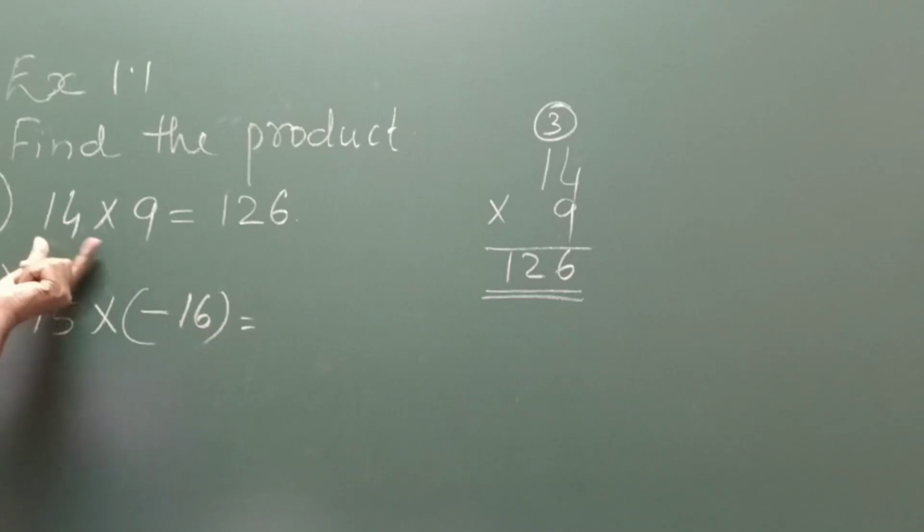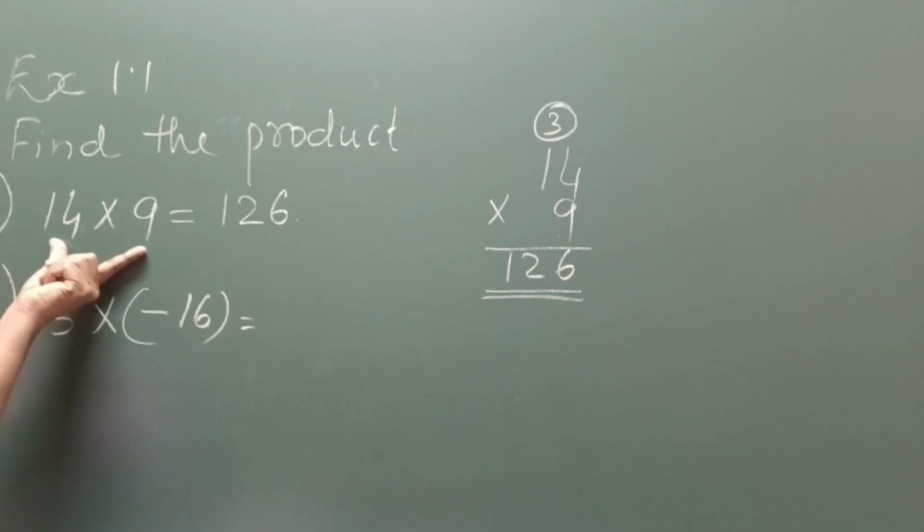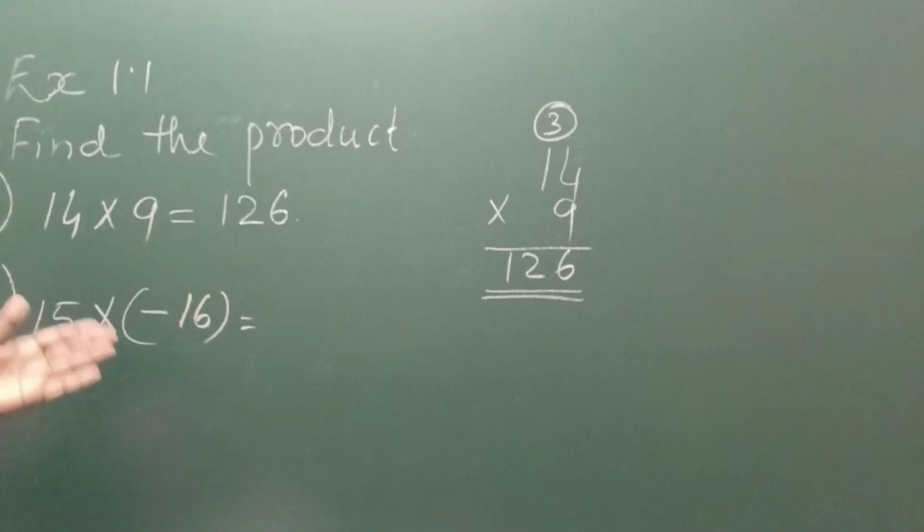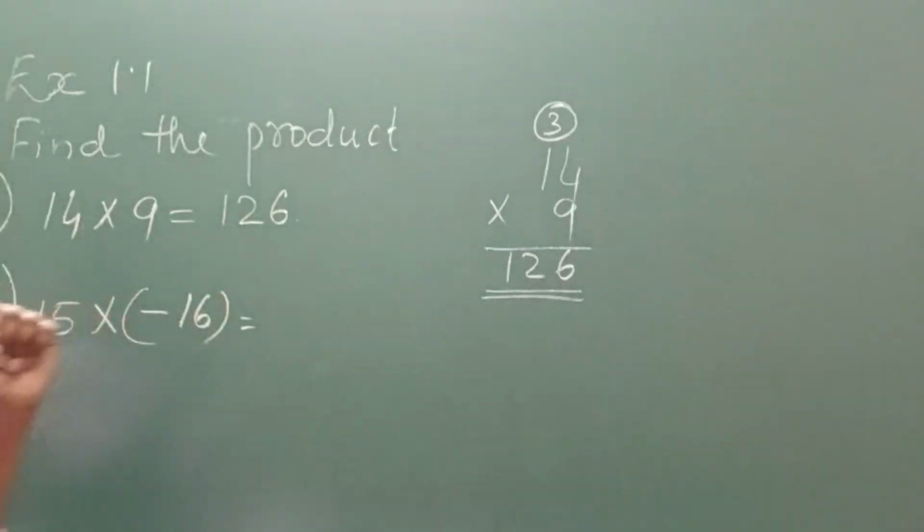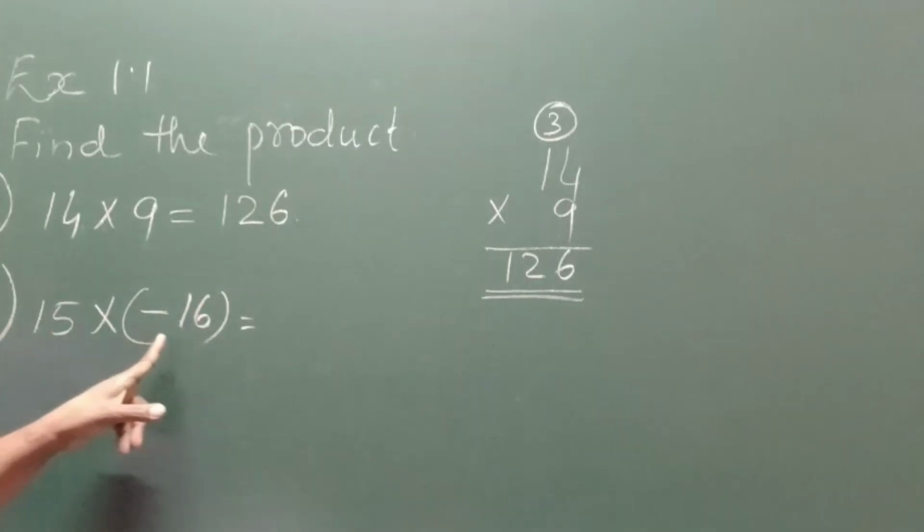Both the integers are positive, so there is no problem in multiplying. It is easy, usually we do that. Here, one is positive and one is negative.